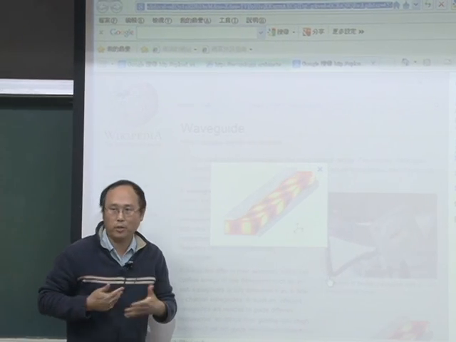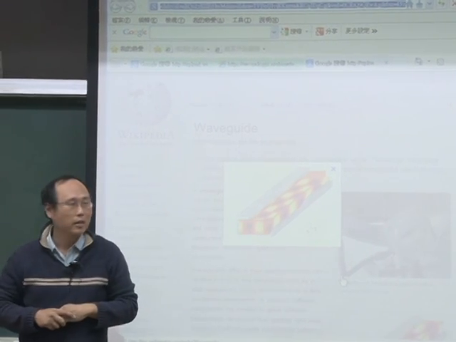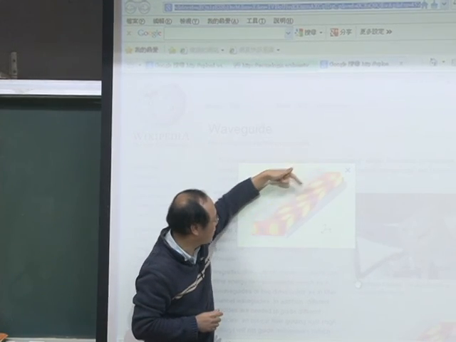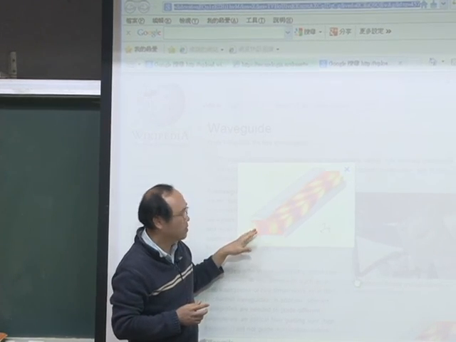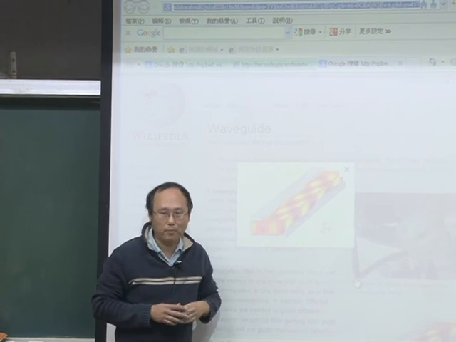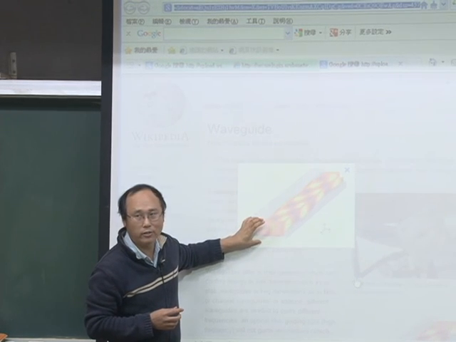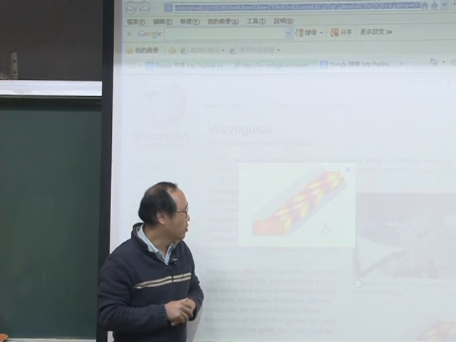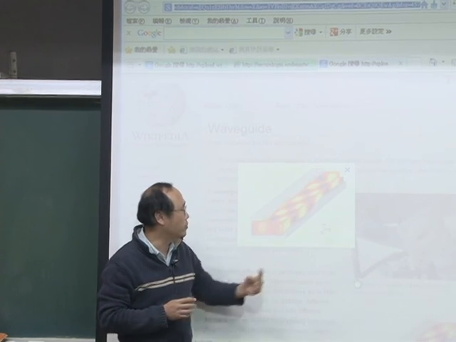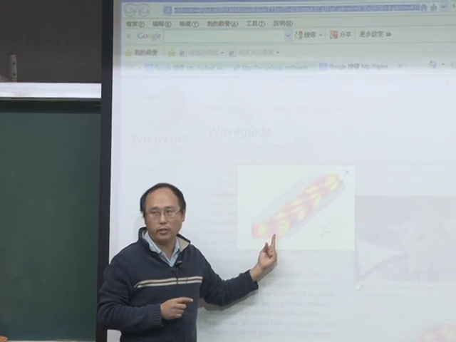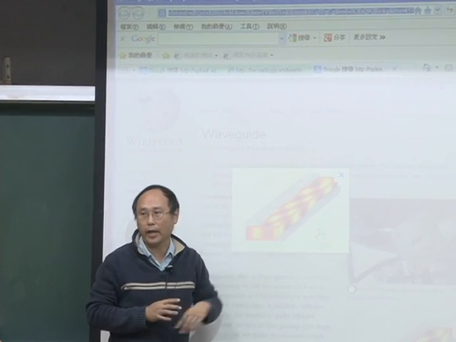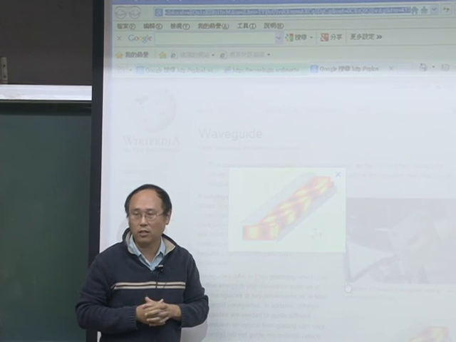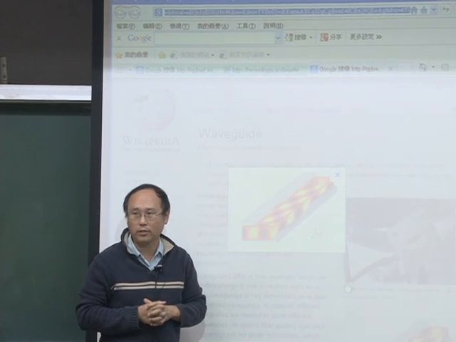So this is a cross-section view of the waveguide, and you have electromagnetic energy guided inside. It's propagating forward, and so you can deliver the electromagnetic energy from one end to the other end, very similar to a water pipe. If you have a discontinuity here, some energy will be reflected back. So for a transmission line, you have to deal with the forward propagating energy and also the backward propagating energy, and this will complicate the calculation.